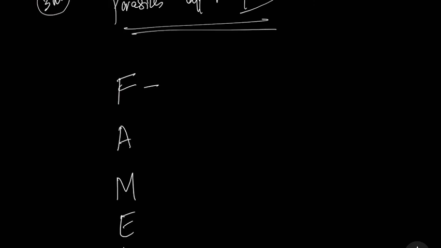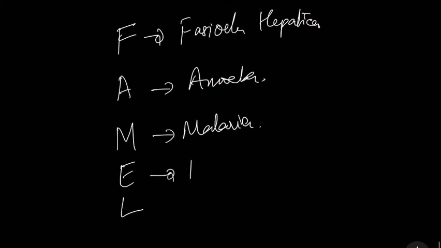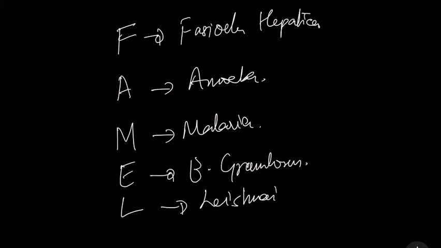F stands for Fasciola hepatica, E stands for amoeba, M is for malaria, E is for the topic we just studied, Echinococcus granulosus, and L stands for leishmaniasis.